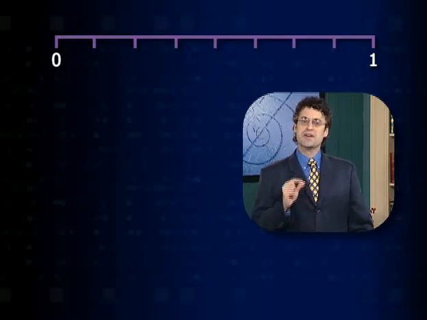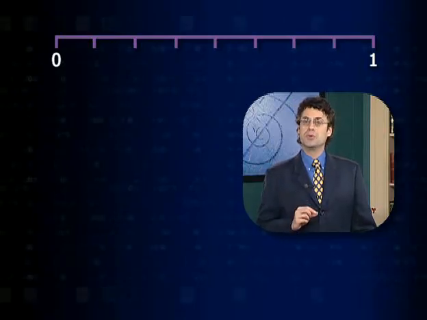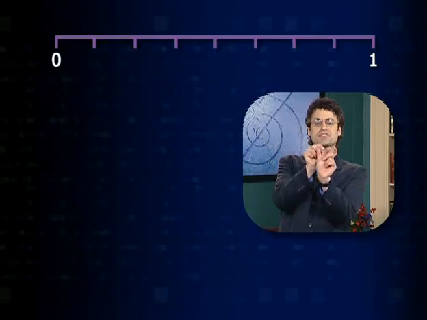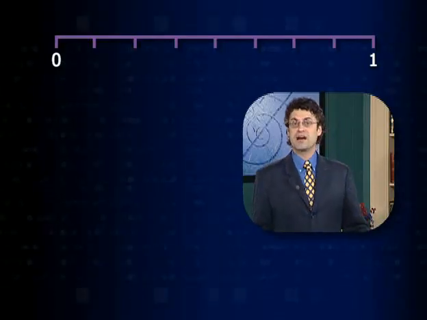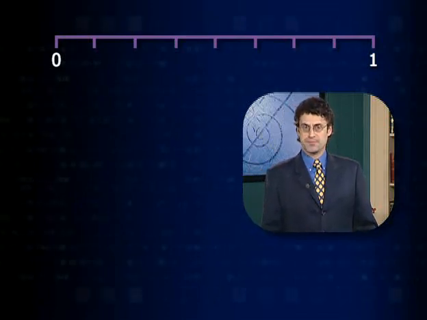In other words, the distance between those 2 points would be less than or equal to 1/8, because they would be in that same little interval, and so the distance between them would be smaller than or possibly equal to 1/8.